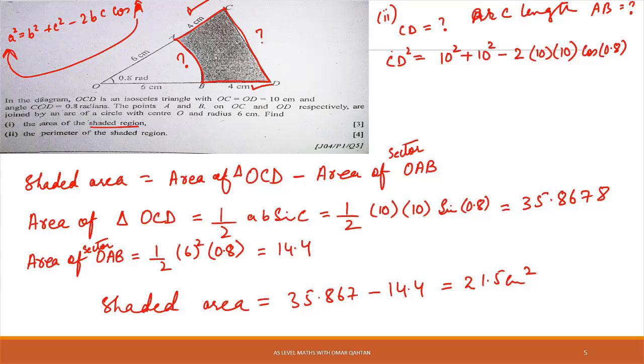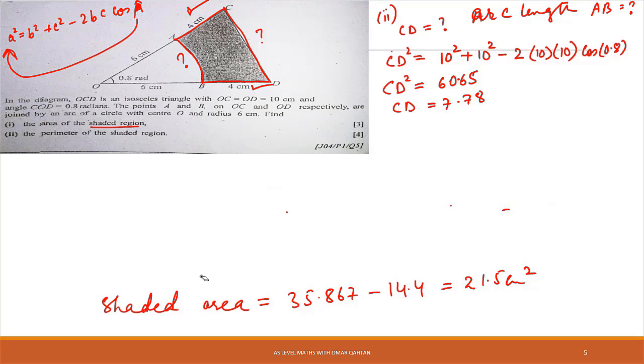For example, if we have a b over here, then I would write angle b here. If we have a c here, then I would write here cos of c. Alright, so CD square will be equals to 60.65 and this CD will be equals to 7.78.